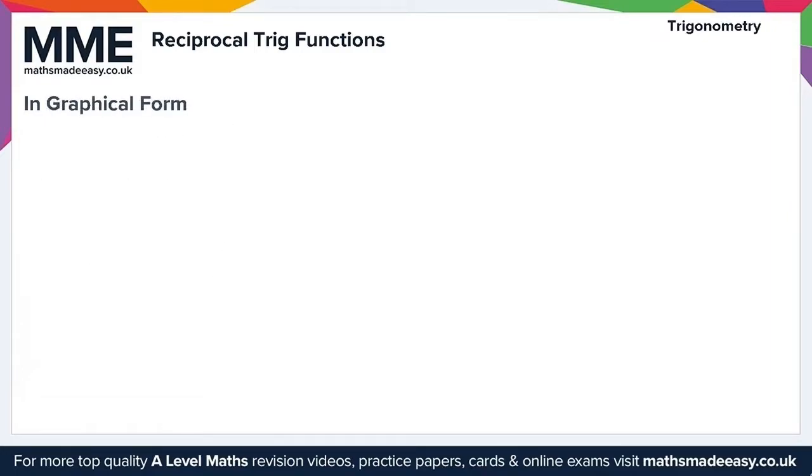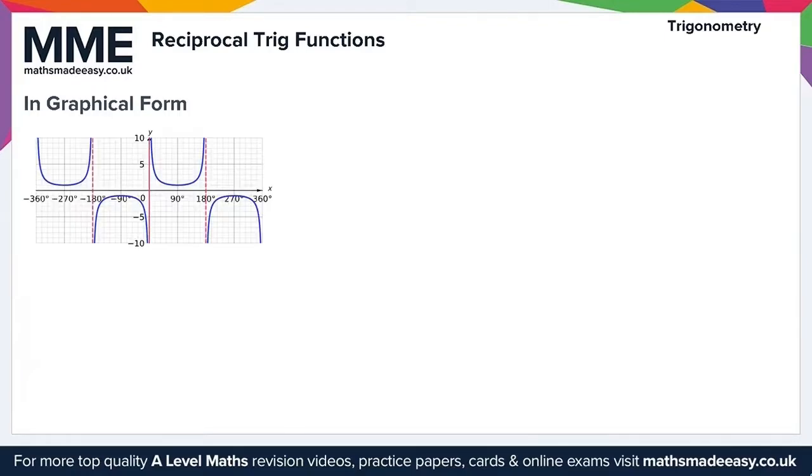Moving on to take a look at the graphical form of our reciprocal trig functions. Let's start with our first graph here, and this is the graph of y equals cosec x. What we can notice here, using these red indicator lines, is that we have asymptotes at x equals minus 180 degrees, 0 degrees, and 180 degrees.